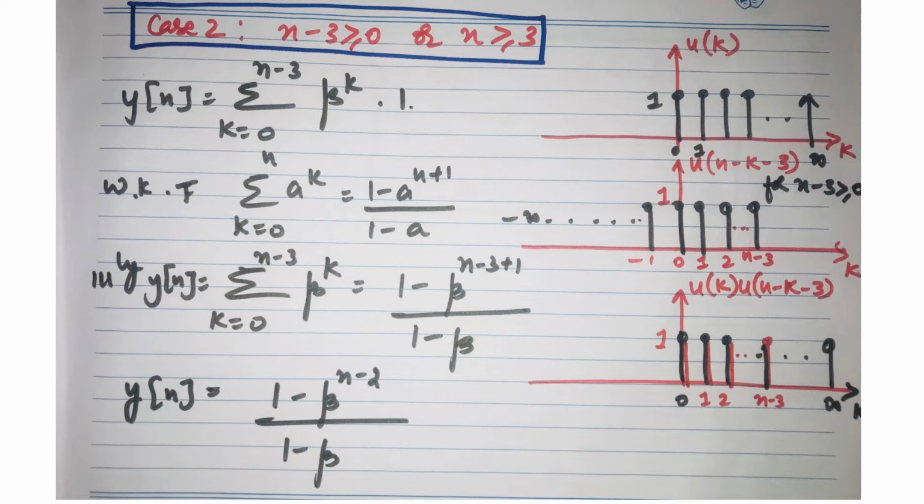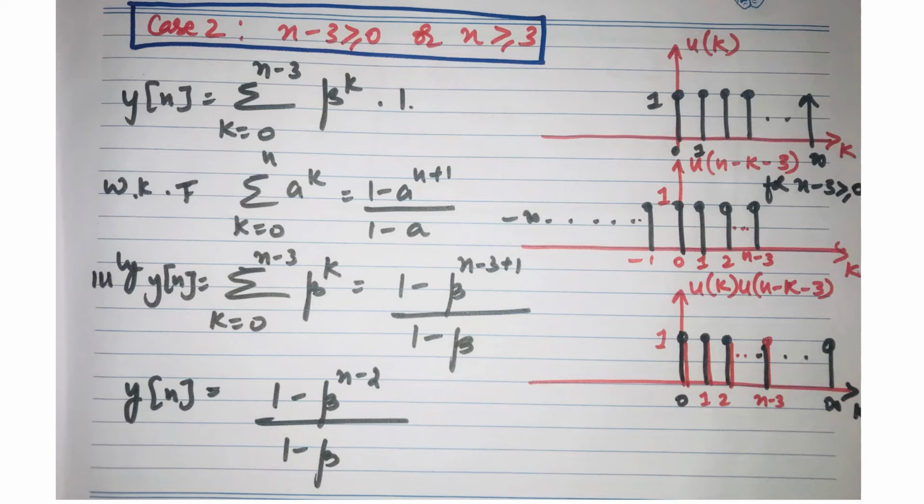When you multiply u of k with u of n minus k minus 3, we can multiply the samples of both the signals in the range 0 to n minus 3. So now the summation range will change to 0 to n minus 3 of beta to the power k, and u of k and u of n minus k minus 3 is 1.